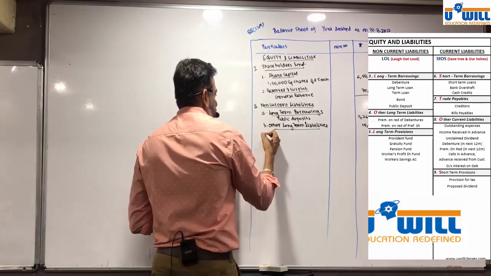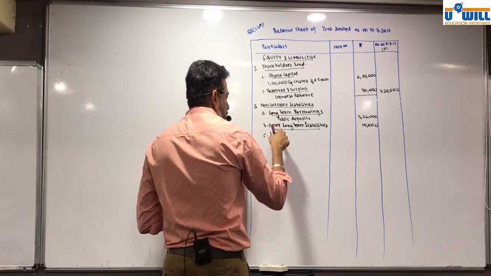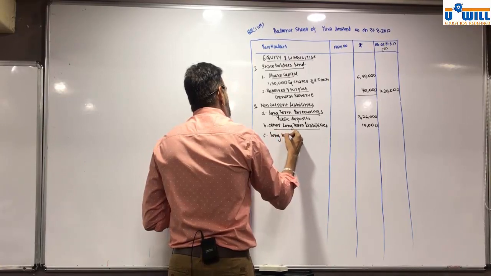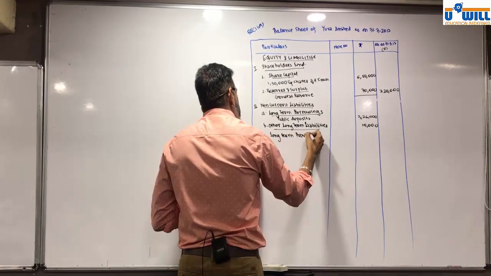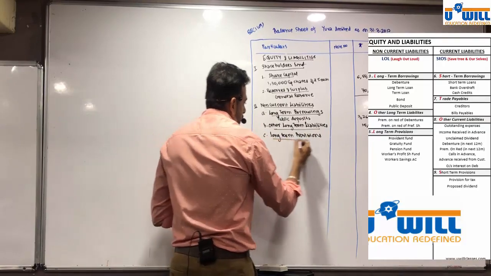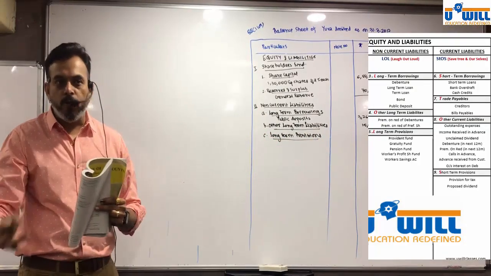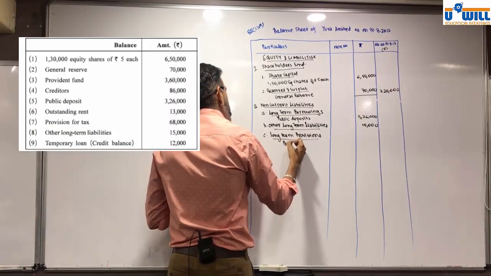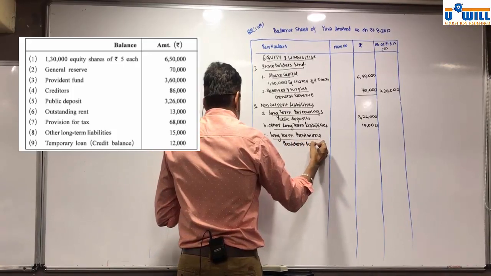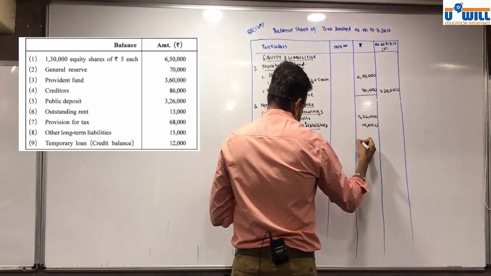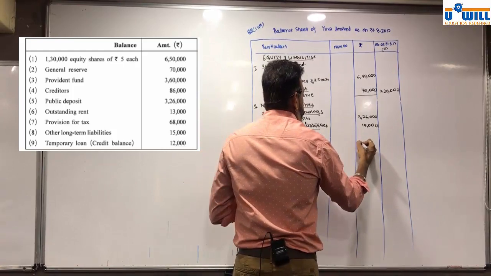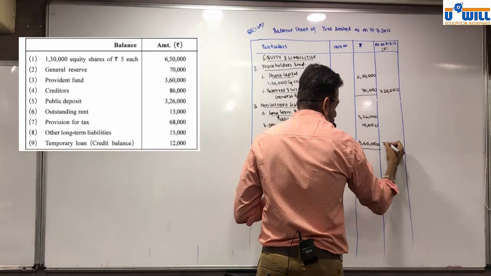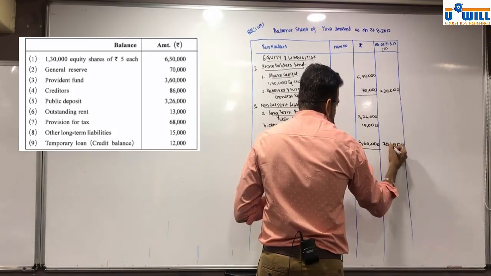Then other long-term and long-term provisions. What comes inside this? Pension fund, gratuity, provident fund. Okay, what do we have over here? Provident fund, 3,60,000. Total 7,01,000. Yes. 7,01,000.